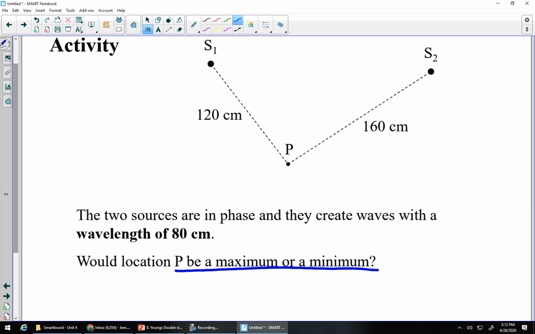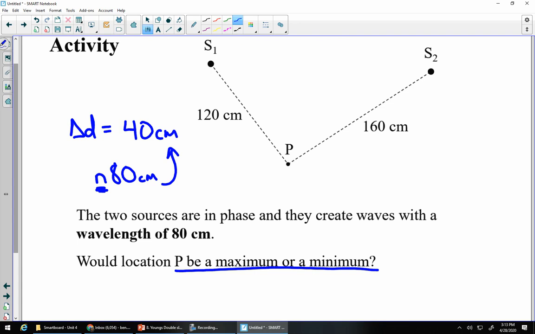Alrighty, so you had an opportunity to think about it. Again, the whole key is talking about that path difference. So one's got to go 160, one's got to go 120. That means the difference between source 1 to point P and source 2, well, that's 40 centimeters. One's got to go 40 centimeters longer. Now, is that a whole number multiple of the wavelength? So let's see, n times 80 centimeters, and can we get n to be a whole number and multiply it to get 40?